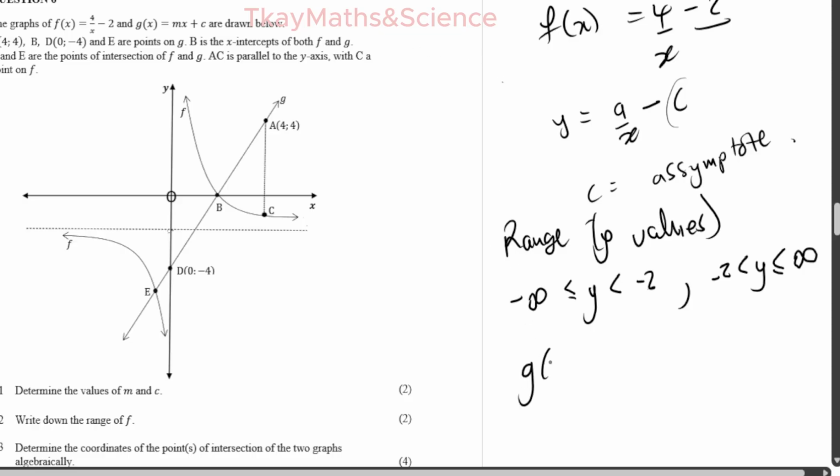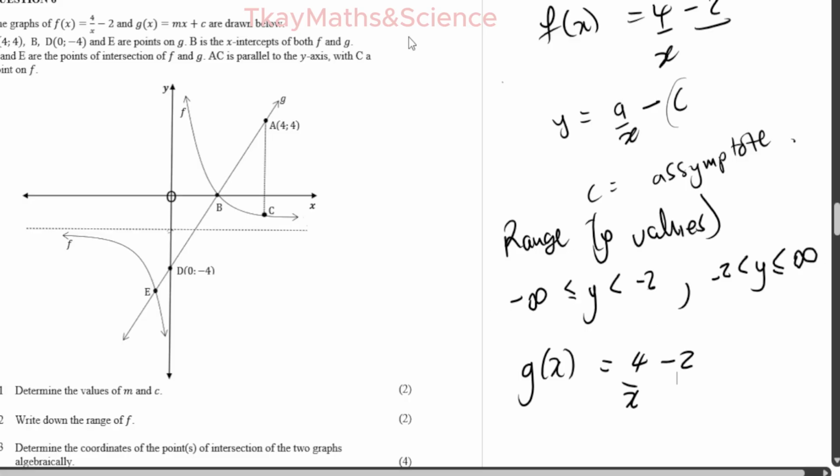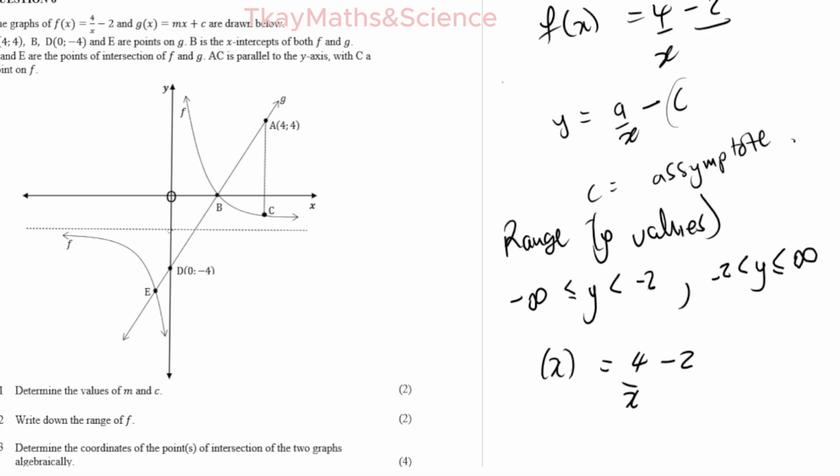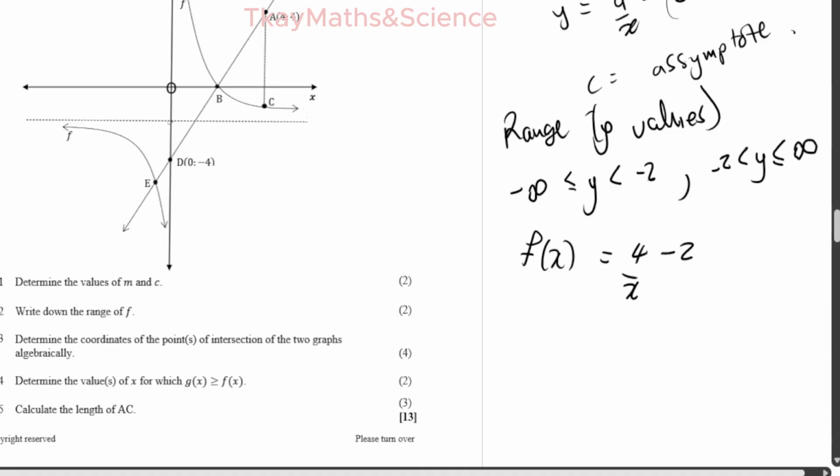f of x is equal to 4 over x minus 2, right? It's actually f of x, this one, not g of x. Then we go to our g of x.